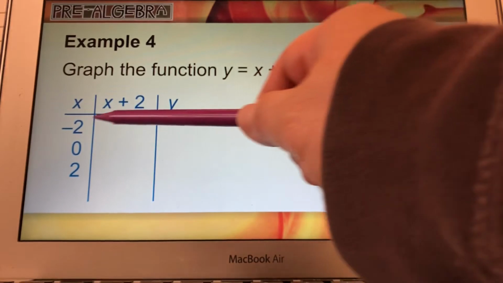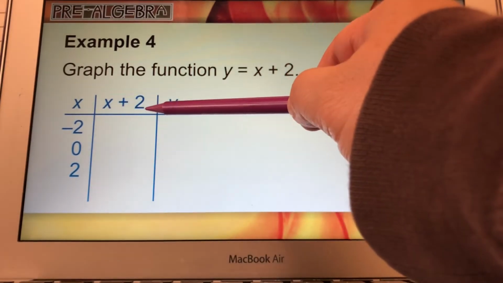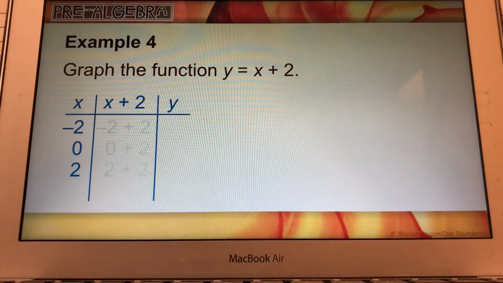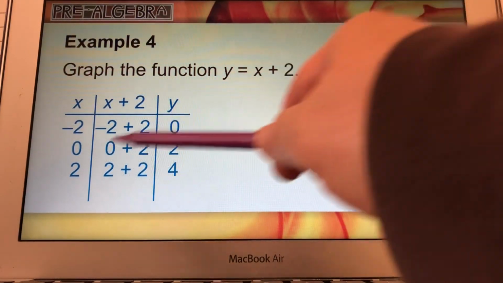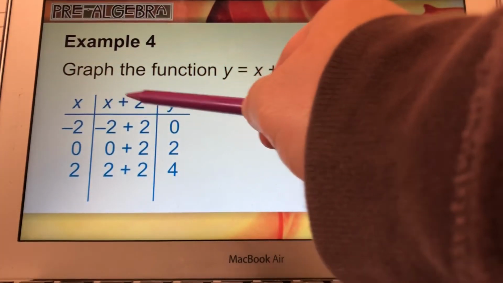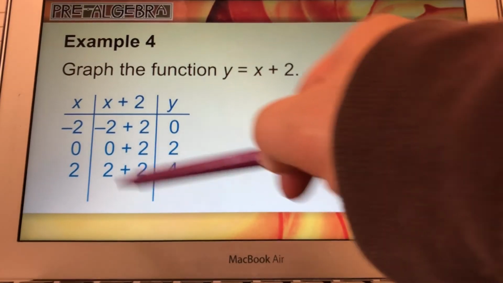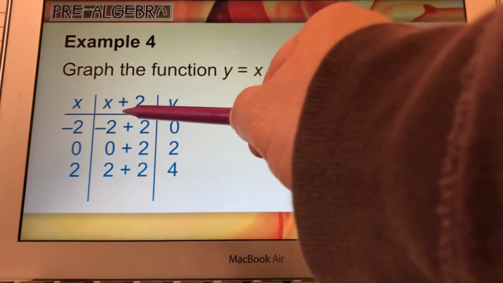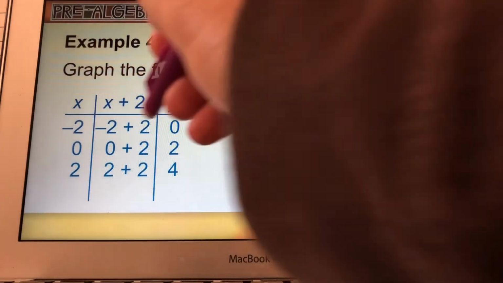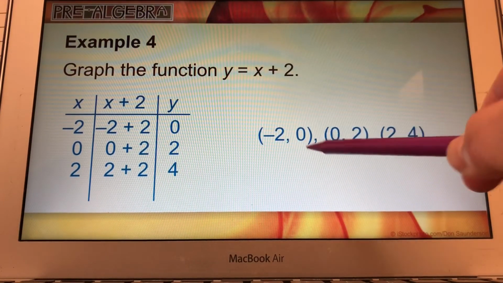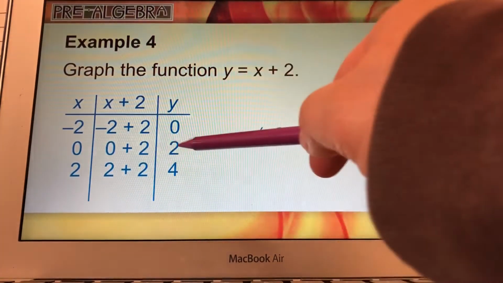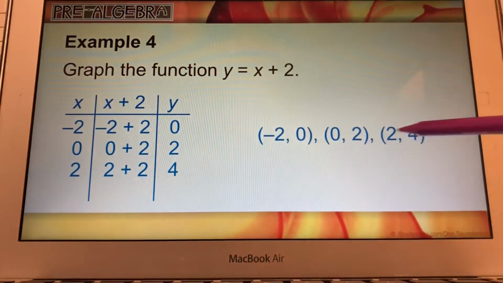If I plug in -2 plus 2, that gives me 0, right? If I plug in 0, 0 plus 2 gives me 2. 2 plus 2 gives me 4, right? So now my ordered pairs are negative 2, 0, 0, 2, and 2, 4 right here.